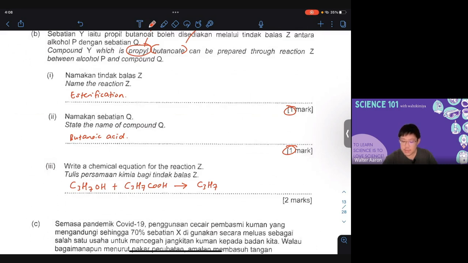It's the same thing: the ester has COO, and after that it goes C3H7, plus the removal of a water molecule. A balanced chemical equation will give you 2 marks in total.